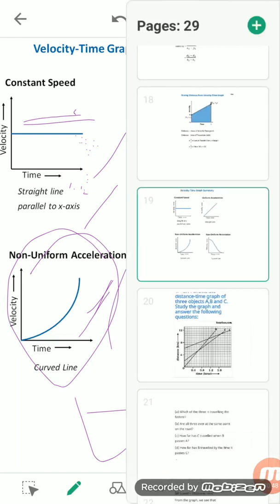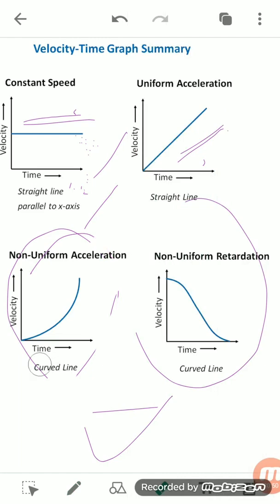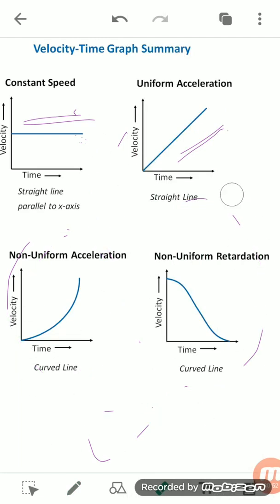There is another kind of graph also. When the initial velocity is not zero and after some time it accelerates in an equal interval of time, showing a uniform acceleration, we represent that with this one. So these are the velocity time graphs.